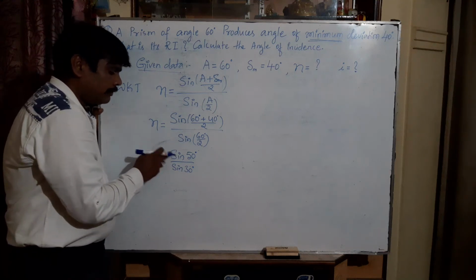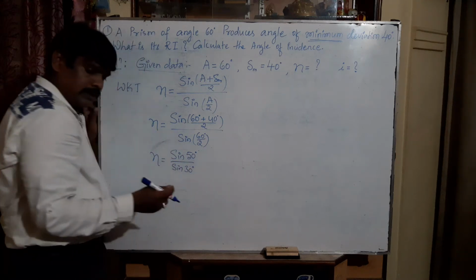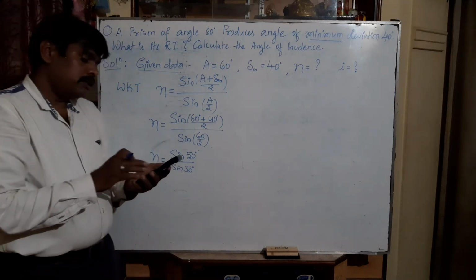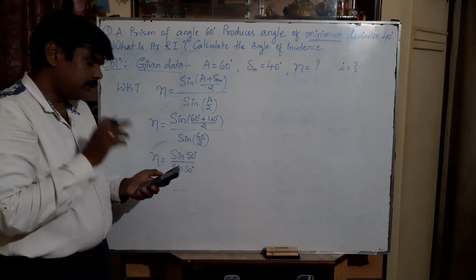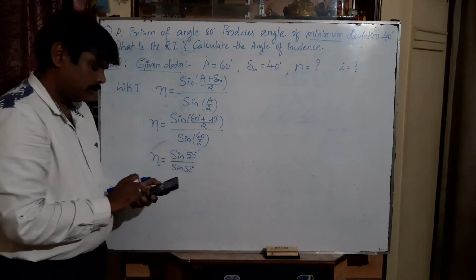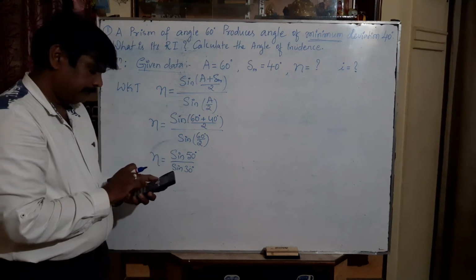There we have to find the sine function of 50 degree. I will use the calculator here to simplify that. But in the examination, you compulsorily have to use a log table to get this value.